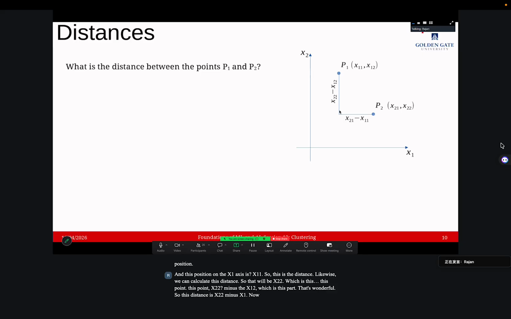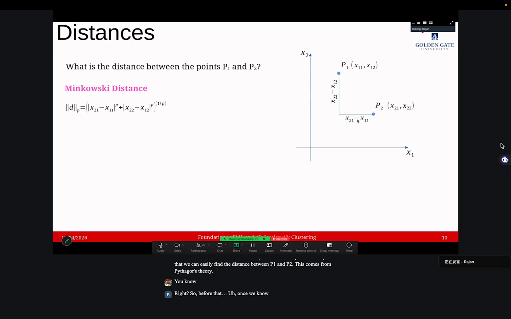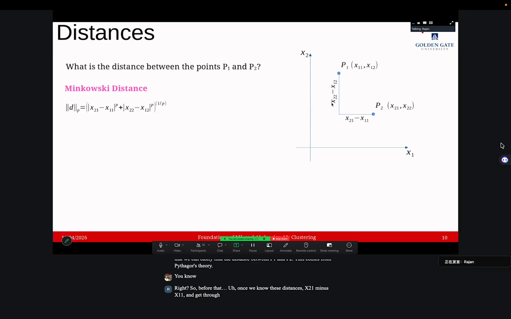Now it should be very familiar to you that we can easily find the distance between P1 and P2. This comes from Pythagoras theorem. Once we know these distances, x21 minus x11 and x22 minus x12, we define a quantity called Minkowski's distance, which is given by this.